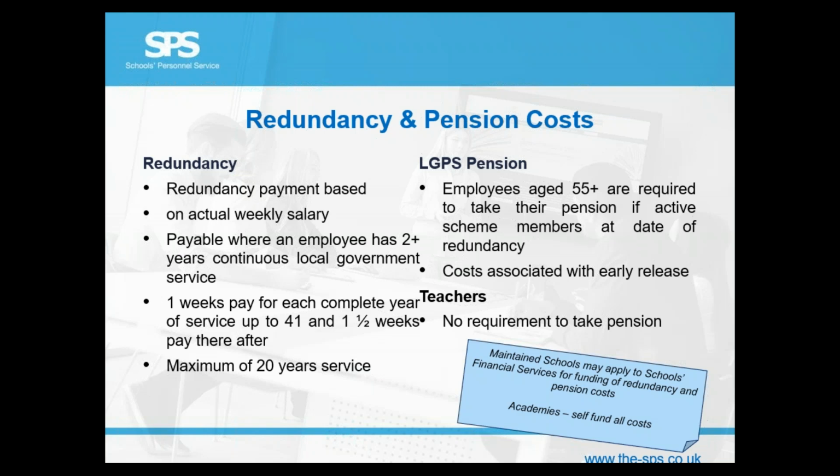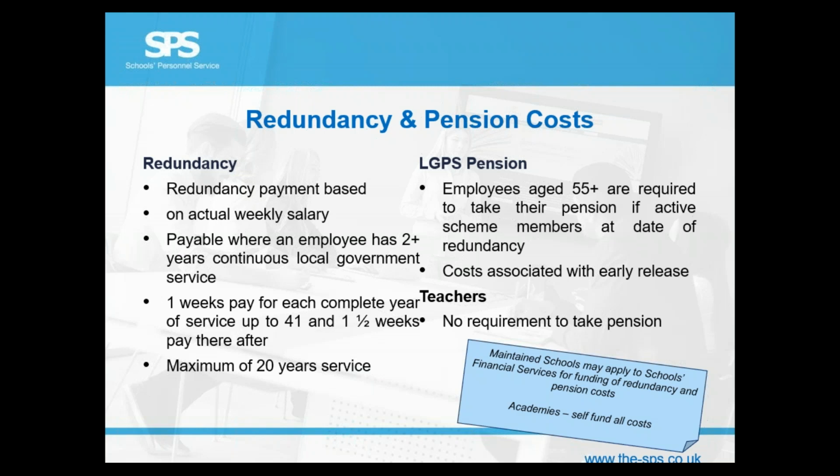So if we have a look at redundancy, a redundancy payment is based on an individual's actual salary in accordance with our policy. So obviously, where a person has a higher salary, potentially their redundancy payment is going to be higher. A redundancy payment is payable where an employee has 2 years local government continuous service.